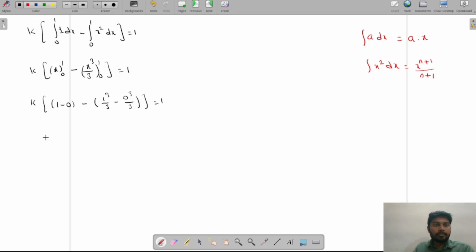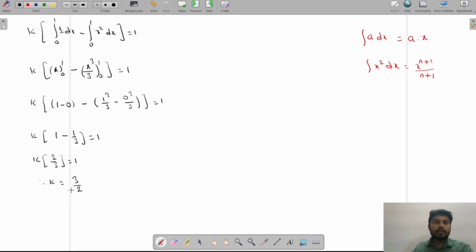So next step, k of 1 minus 0 is 1, minus 1 power 3 becomes 1 by 3, and minus 0 power 3 by 3 becomes 0. So I'm getting value 1 by 3 here, equal to 1. So k of, by taking LCM, 3 minus 1, 2 by 3 is equal to 1. Therefore k equal to 3 by 2 is my solution.